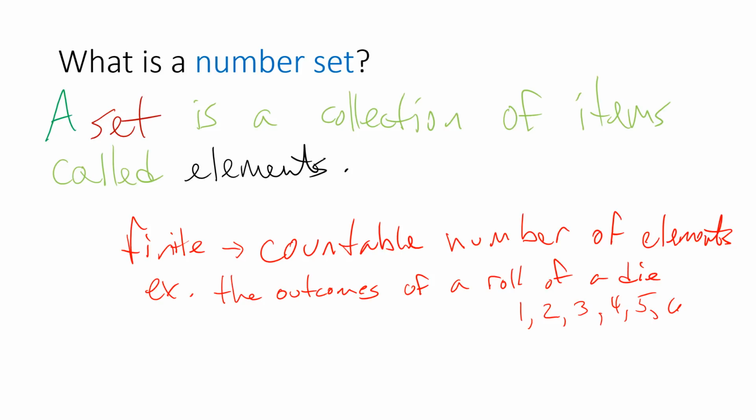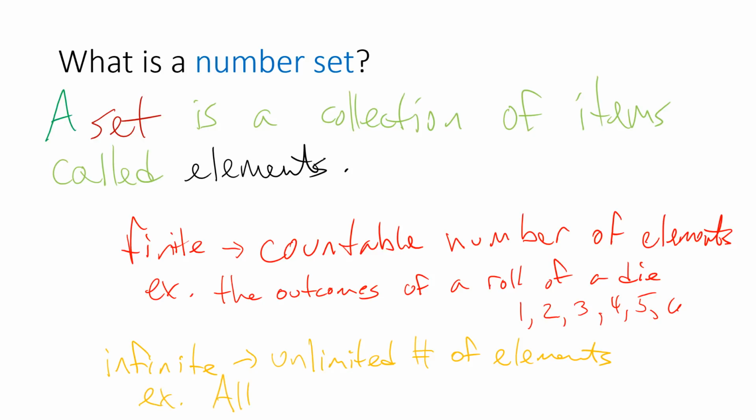The other type of set can be one where you have an infinite number of outcomes. That means you have an unlimited number of elements. An example of that will be all real numbers between 1 and 5.